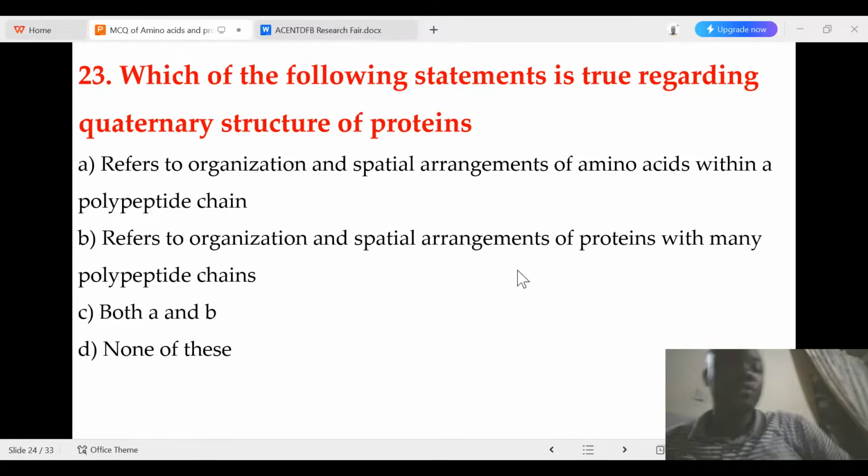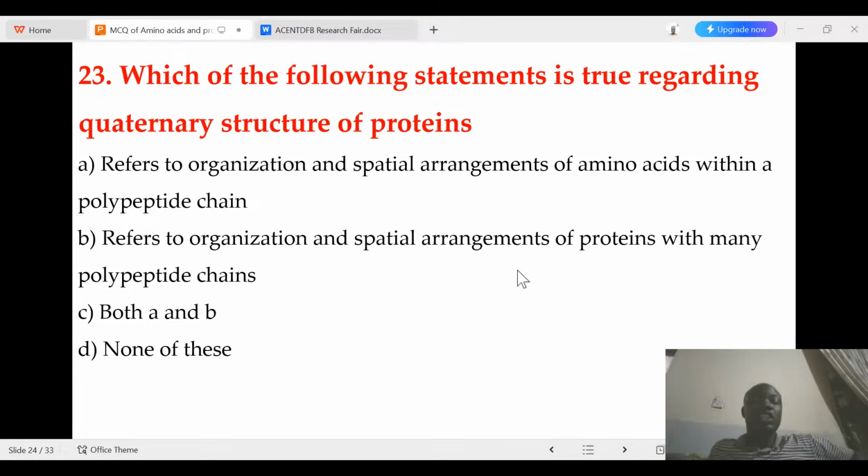It's only tertiary structure of proteins that organizes and forms spatial arrangement of amino acids within only one polypeptide chain. So if the spatial arrangement and organization is within only one polypeptide chain, that is for tertiary structure.